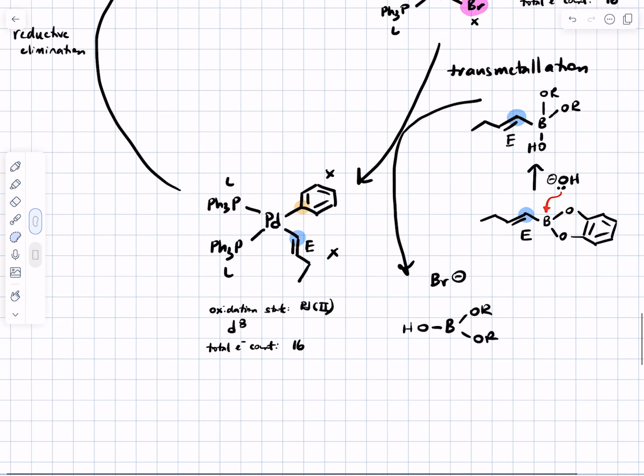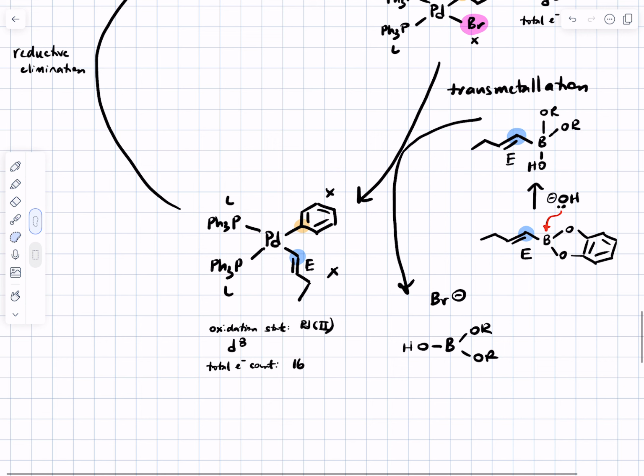In reductive elimination, this is the coupling step. We're going to take the electrons from the carbon-palladium bond with the aryl group and the electrons from the carbon-palladium bond with the vinyl group.